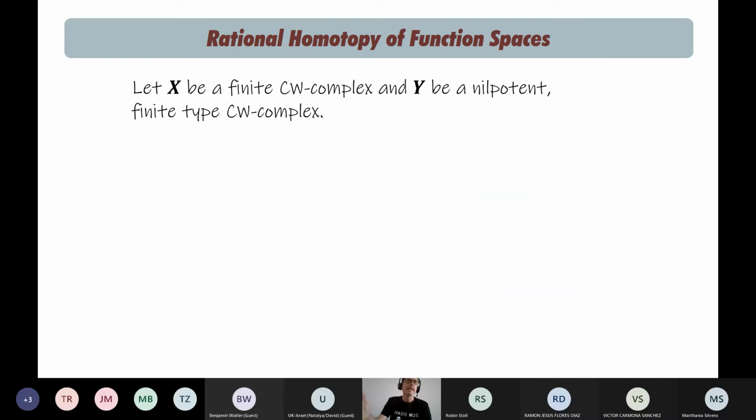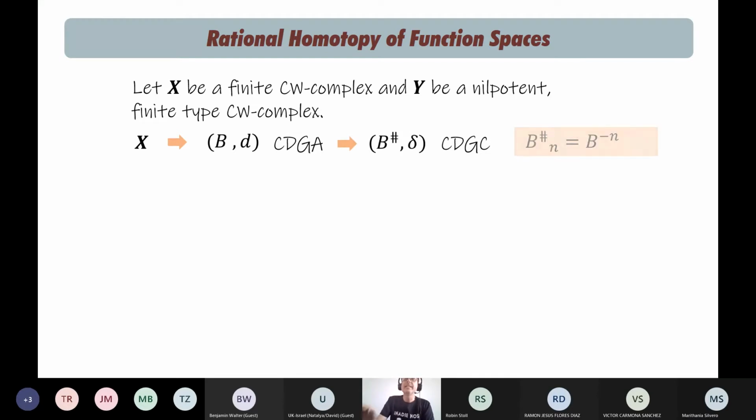Take X and Y satisfying these conditions, X a finite CW complex, and Y a nilpotent finite type CW complex. Take a coalgebra model of X, and because X is finite, this coalgebra is finite dimensional, and we can take the dual, but we take this graded in the negative integers.